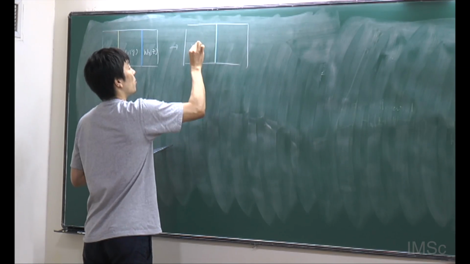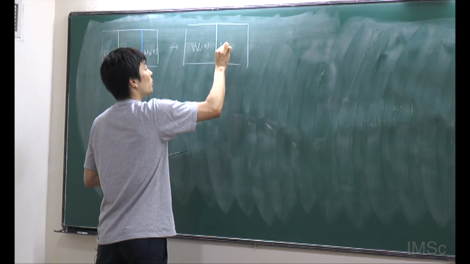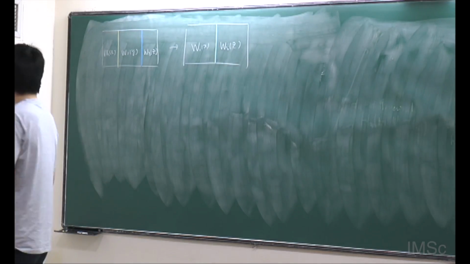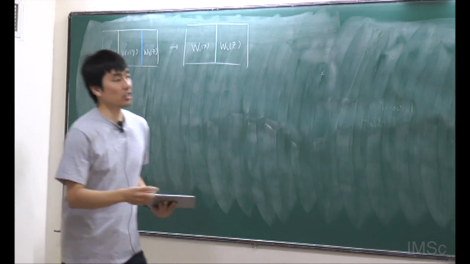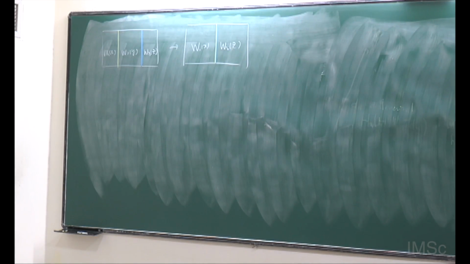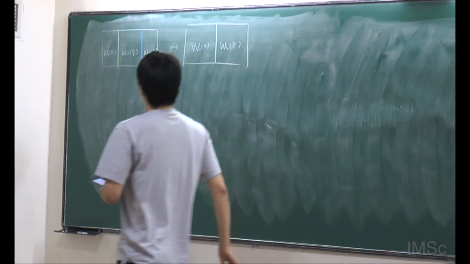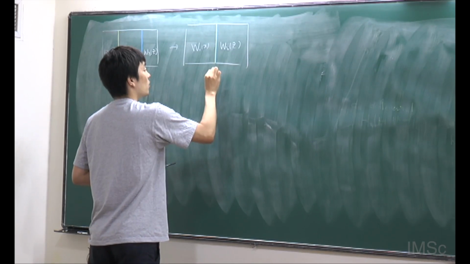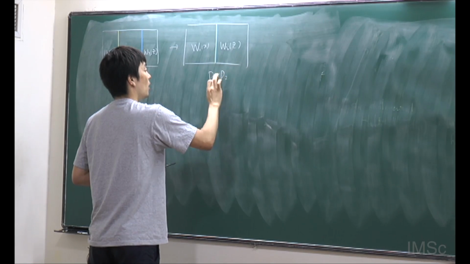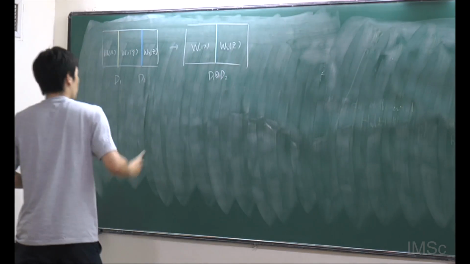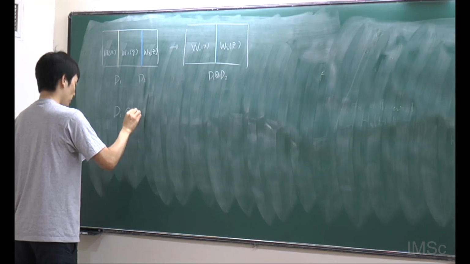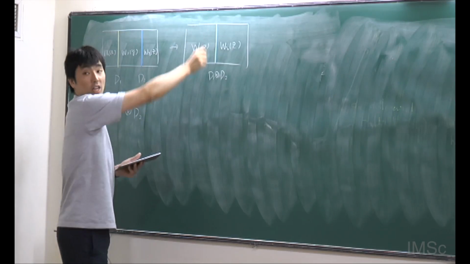W1 of X, W2 of Z, W3 of Z. So this boundary condition I call D, which stands for defect, D1 and D2, and D1 cross D2. If you fuse them together, you get some tensor product of matrix factorizations. So this is a new type of defect.